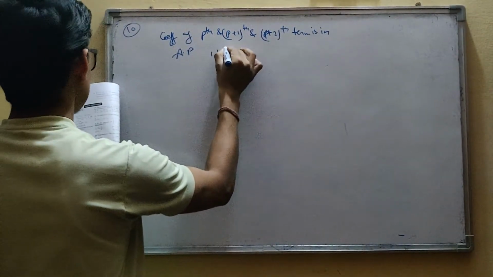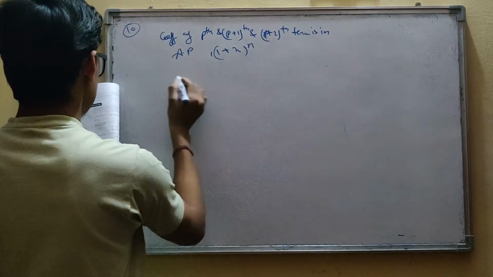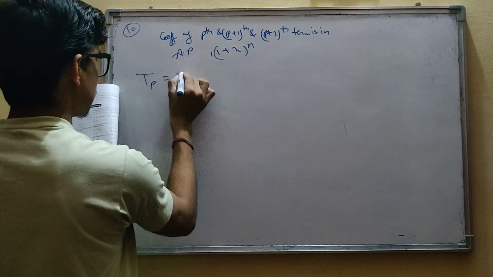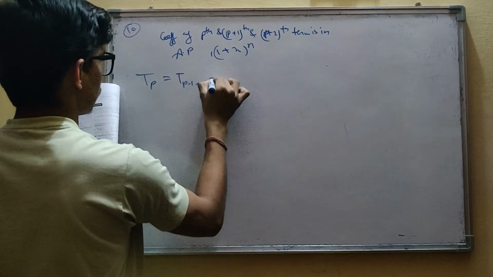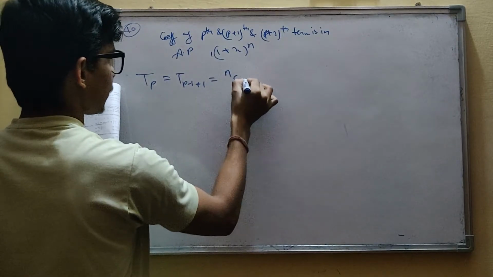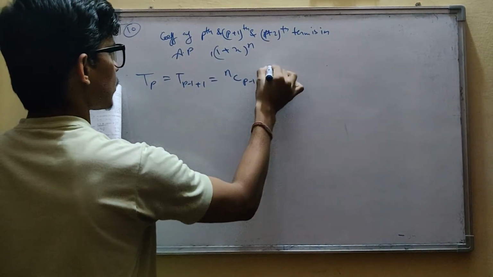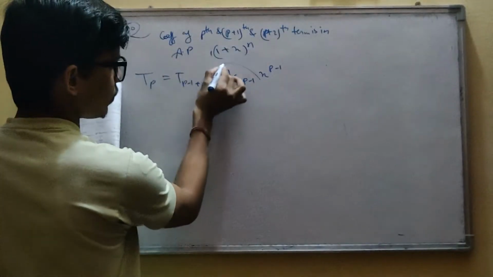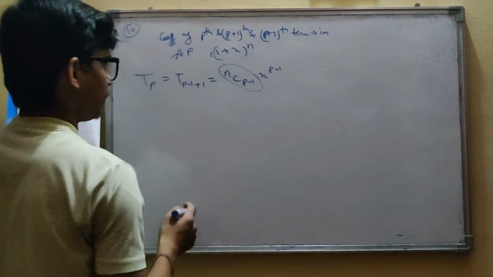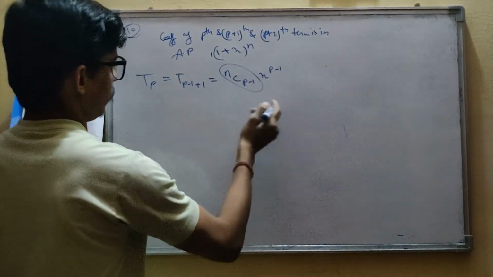So in the expansion of 1 plus x to the power n, the pth term can be written as p minus 1 plus 1. So this is nC(p minus 1) x to the power p minus 1, and the coefficient will be nC(p minus 1), right? The coefficient is the constant portion, leaving the variable.